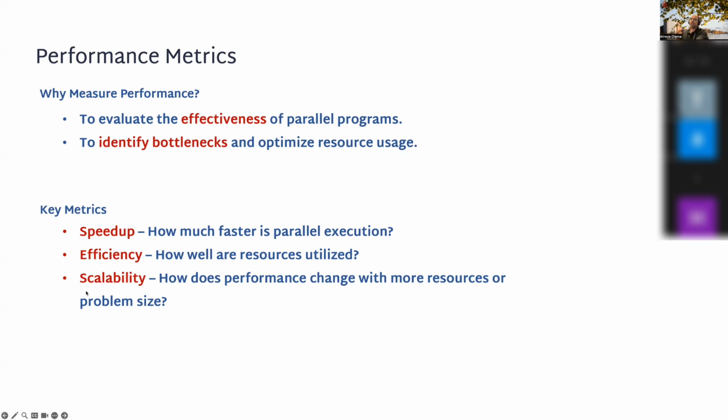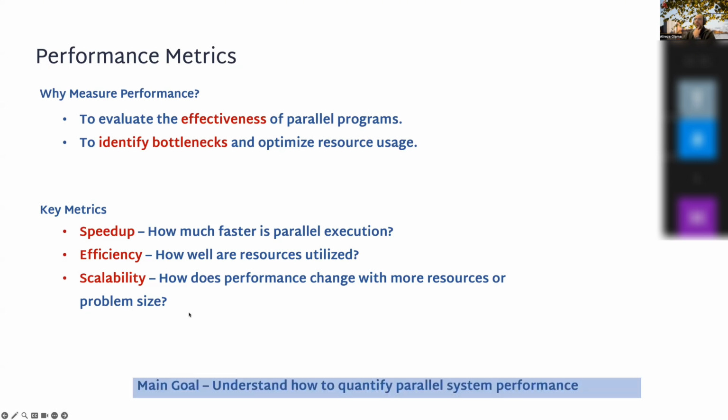And finally, we can define a metric for scalability: how does performance change with more resources or problem size? These are the key metrics that we want to talk about in this part of the lecture. The main goal here is to quantify the performance of a parallel system. Okay.